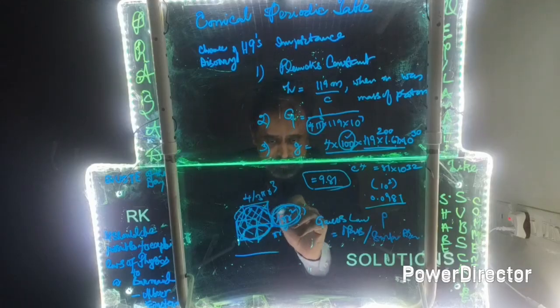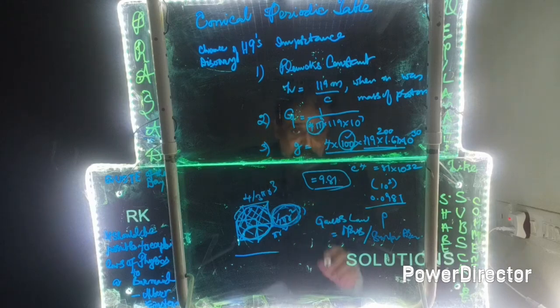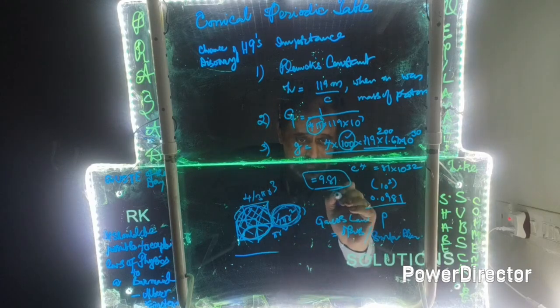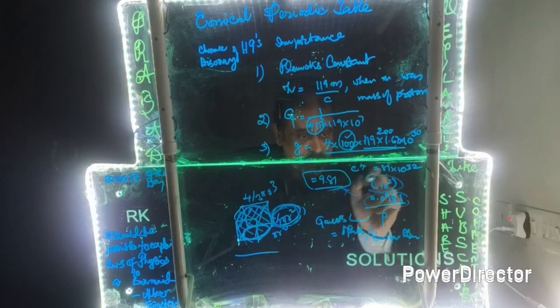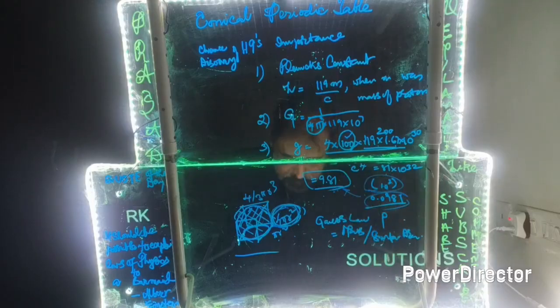So I was concentrating on this 4 pi r squared, and in that calculation I mistook this as this. So it went wrong by a factor of 10 raised to 2. So that is basically whatever I took into 100 gave me the acceleration due to gravity.